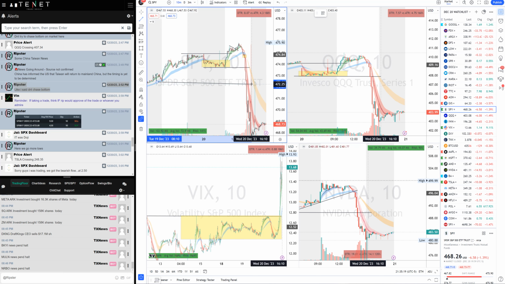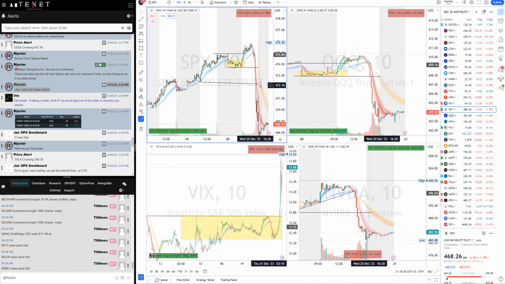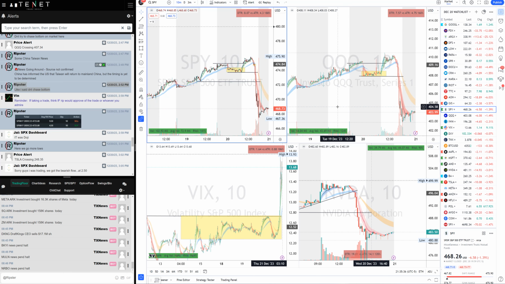So that gives you the confidence to add, because of course it can bounce, and even you see there's a bounce here and rejection and fade, and the next level was yesterday's lows. So then it's all about your next targets. That gives you conviction, your system gives you conviction.